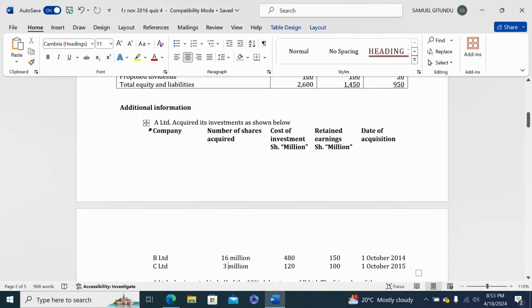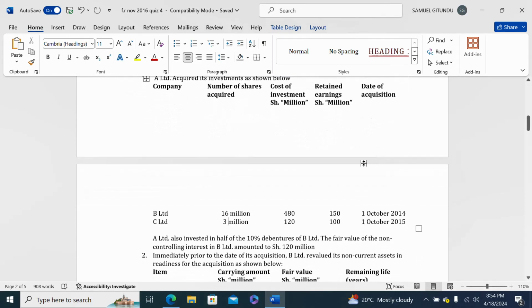Number 1. A Limited acquired its investment as shown below. We have the company, number of shares acquired, cost of investment in millions, retained earnings in millions, and date of acquisition.